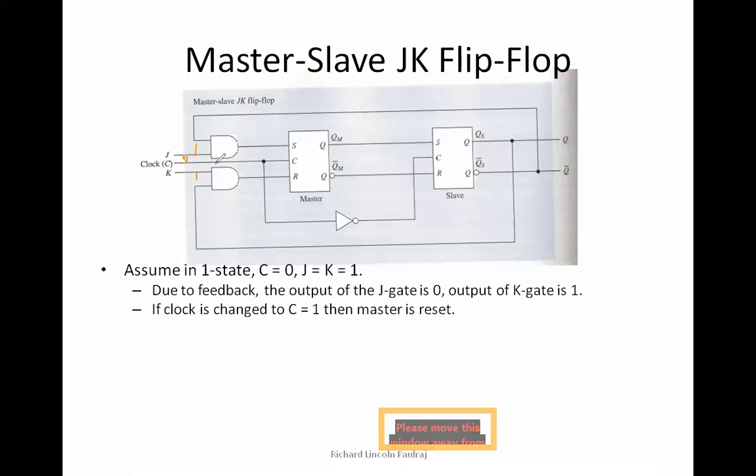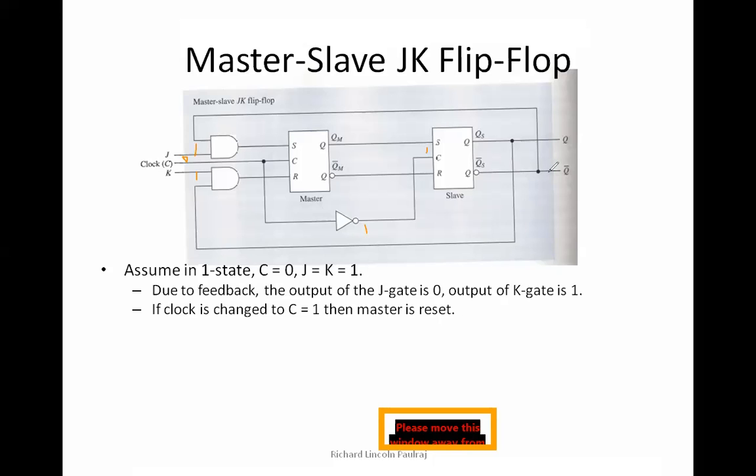So if it is 0 here, I'm getting a 1, and 1 comes and sits here, right? Due to feedback, the output of J gate is 0, which means the feedback is at Q bar here.